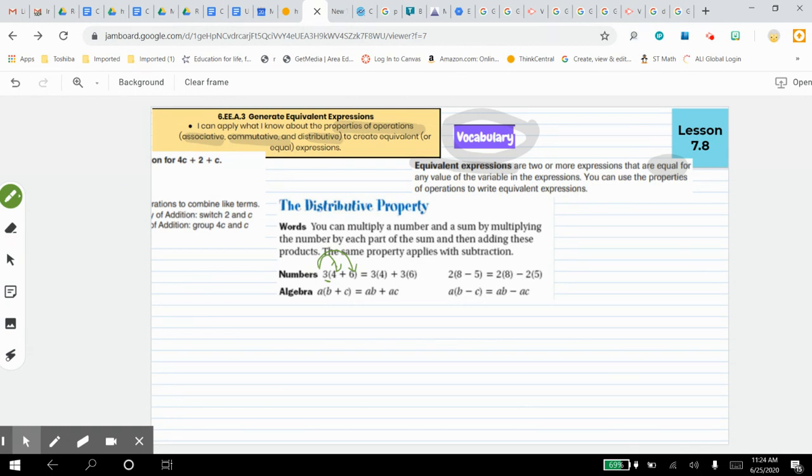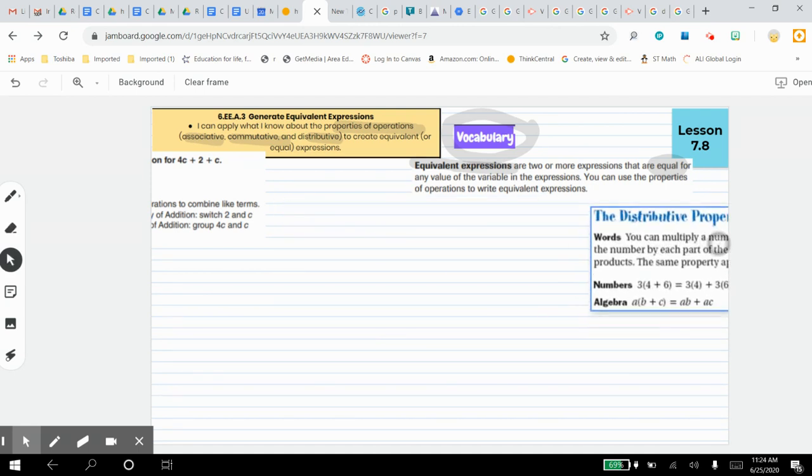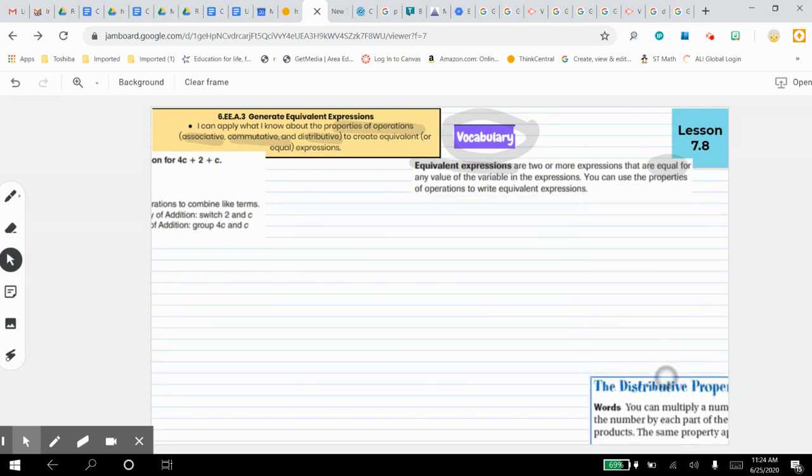You just add that variable to it because you can't multiply if you don't know what it is, so you just show the multiplication. The same thing goes with subtraction. You're going to use the same operation in between. I don't have a lot of time to spend talking about the distributive property. Let's just take this and move it off to the side because I need space.